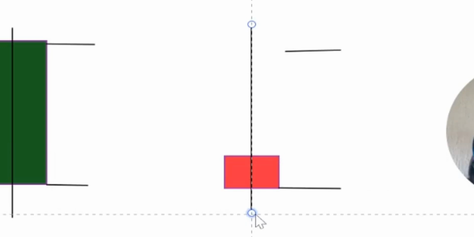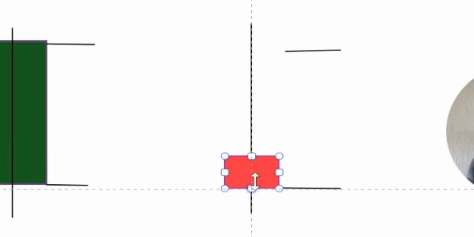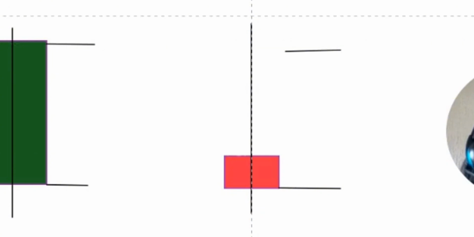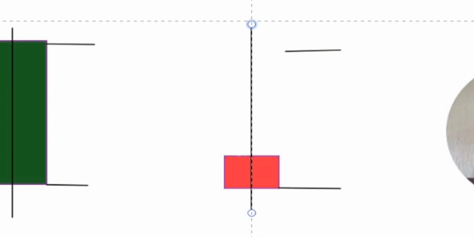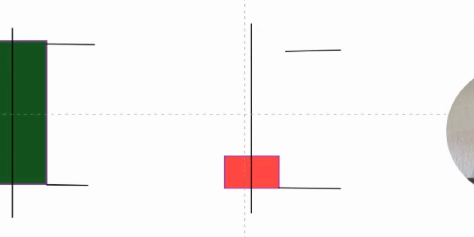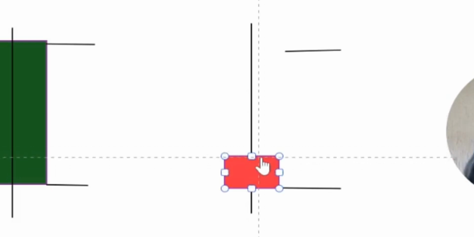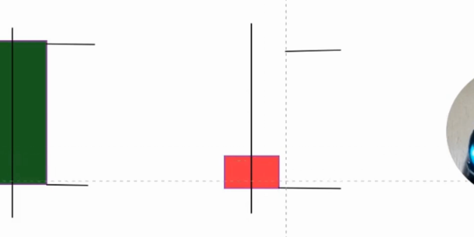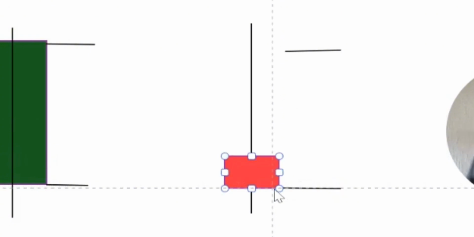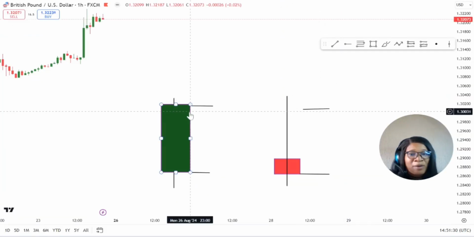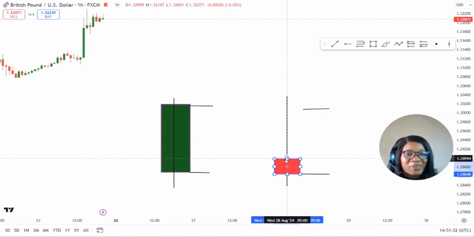All right, there was a time where buyers pushed the market up to this place. But at the end of the day, the sellers were still in control of the market, and the market ended here. Okay, the market still ended below the opening price. I hope I have not confused you.